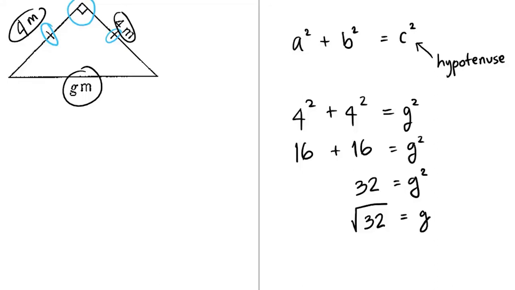But it would be better to keep it in surd form if you want it in exact value. This is how you solve a problem with Pythagoras' theorem involving a right-angled triangle and an isosceles triangle. So it's the square root of 32 meters here.